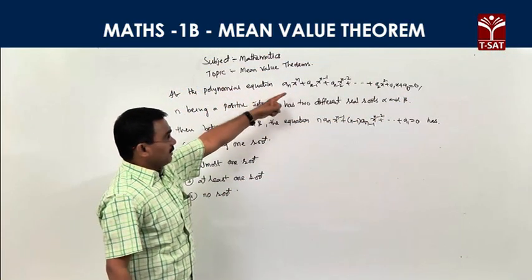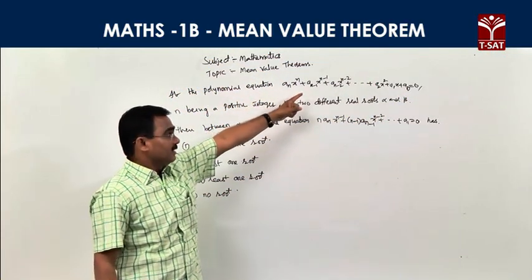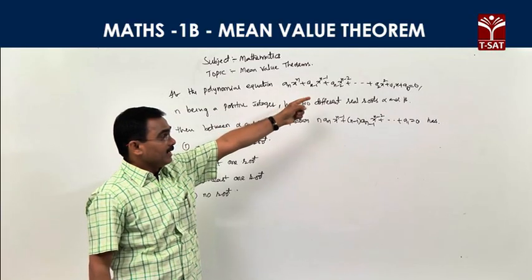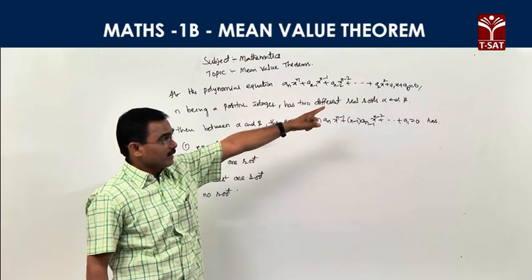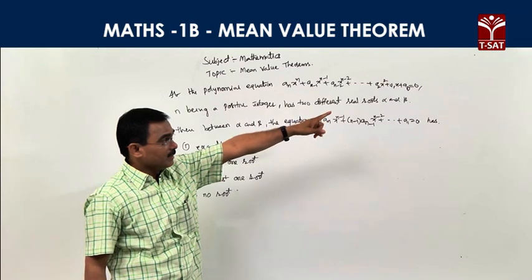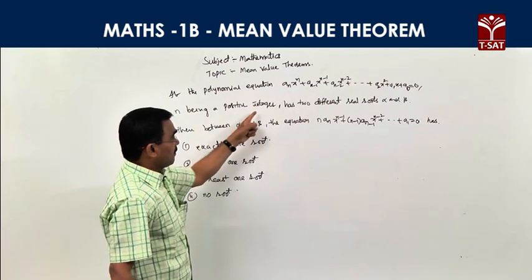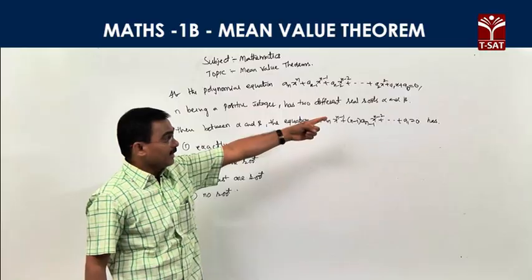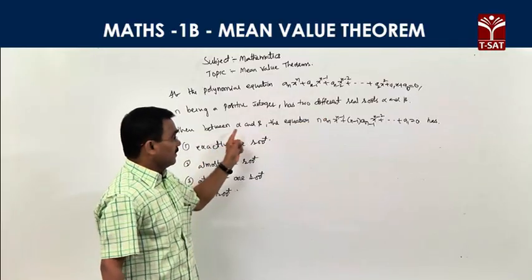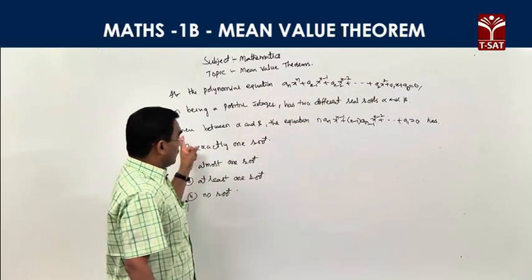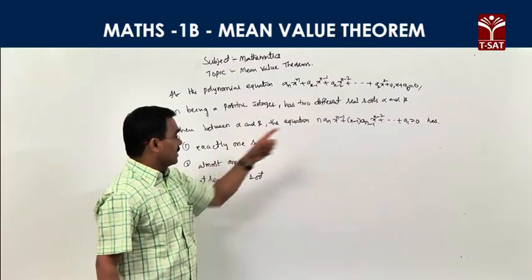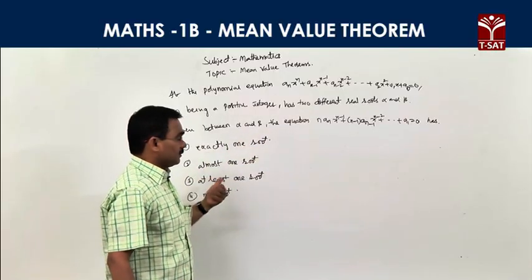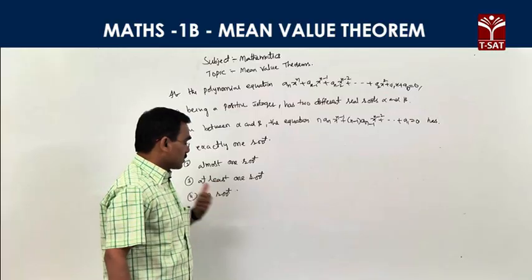If the polynomial equation a n x power n plus a n minus 1 x power n minus 1 plus a n minus 2 x power n minus 2 plus dash dash plus a 2 x square plus a 1 x plus a 0 is equal to 0, n being a positive integer, has two different real roots alpha and beta, then between alpha and beta the equation has exactly one root, almost one root, at least one root, or no root.